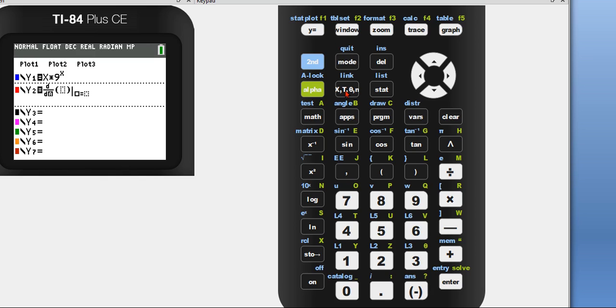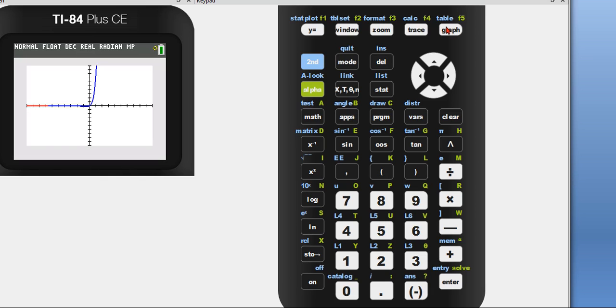Okay, so our variable is x. And I want to see derivative of y1. So I put here alpha f4. Here you are. You have function. So we will have function and its derivative. And this is derivative.